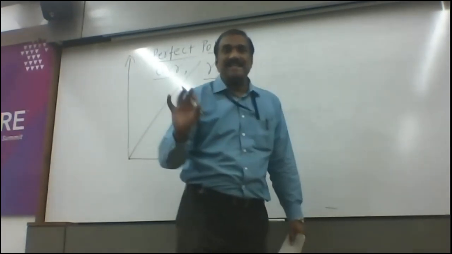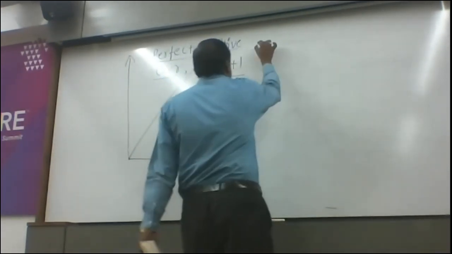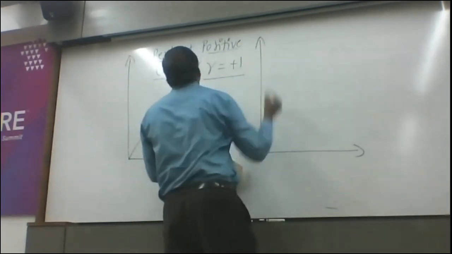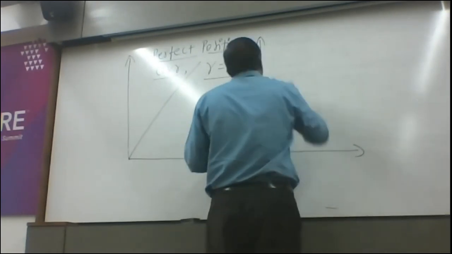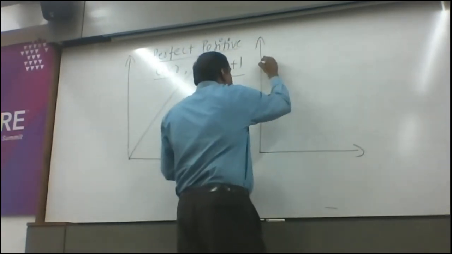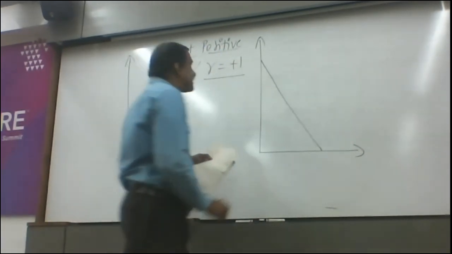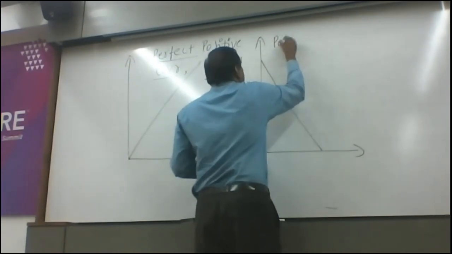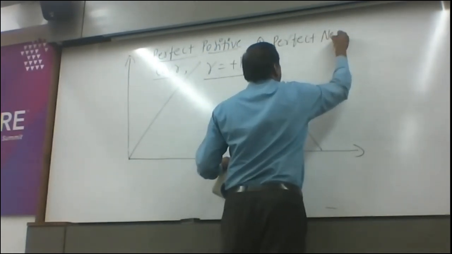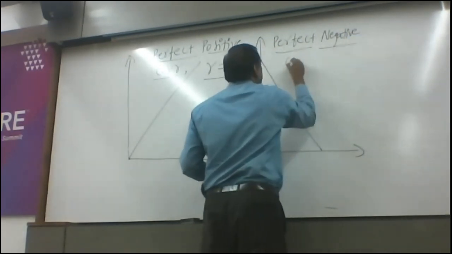But we don't always get exactly plus 1, and we also get the reverse. Quite opposite to the earlier one, if the points are plotted like this, we can say that it is a perfect negative correlation.